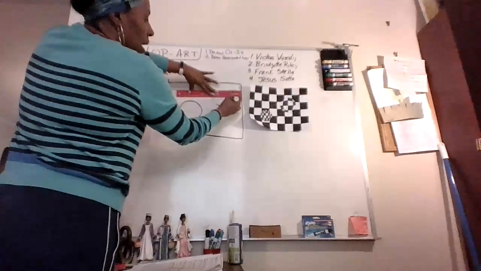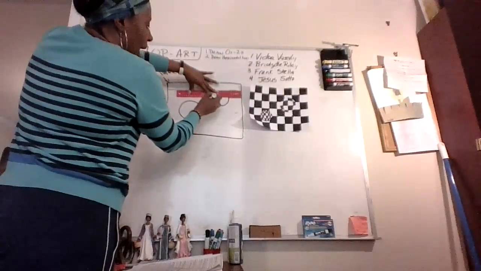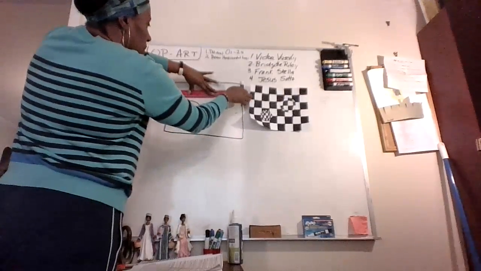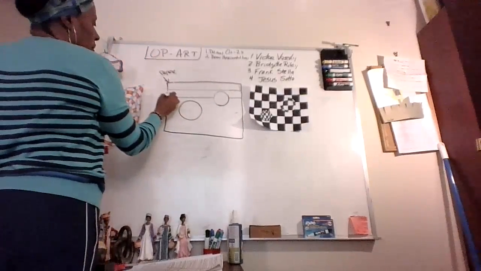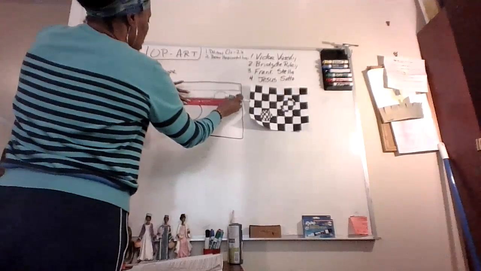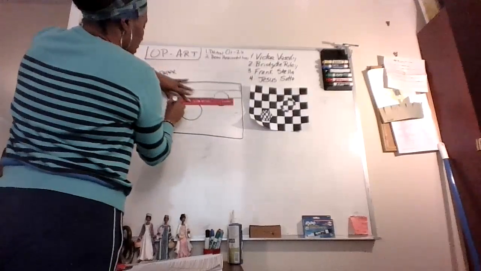So watch. I'm going to draw from the edge of my circle over to my paper. I do not draw on top of my circle. And I'm going to repeat that until I get to the bottom of my paper.